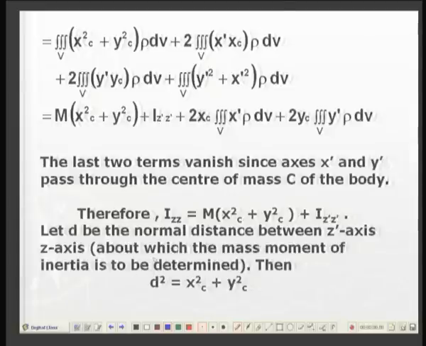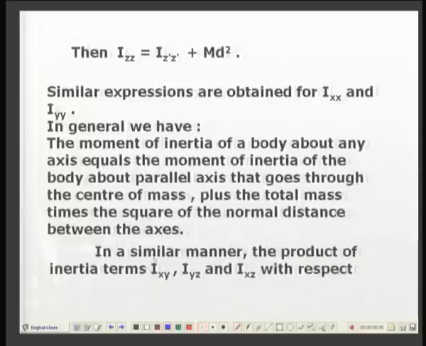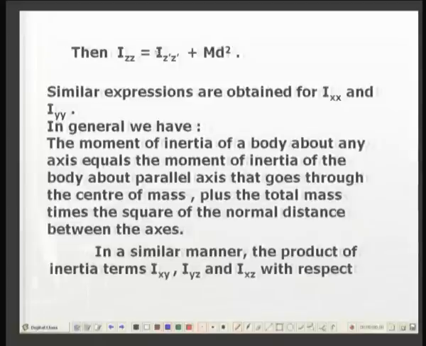Okay. So we have a very compact expression: the z moment of inertia Izz in the new coordinate system, whose origin is at an arbitrary point O, is equal to the moment of inertia about the z dash axis in the old coordinate system with origin at the center of mass of the body, plus the total mass times the normal distance between the z and z dash axis squared.